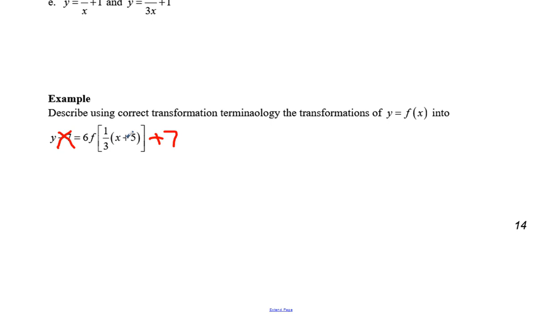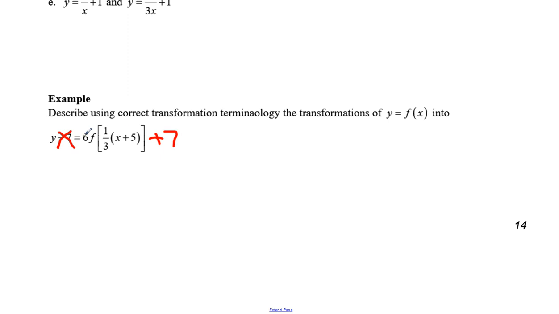I got a horizontal shift, a horizontal translation, a horizontal movement. Any of those are acceptable. 5 units to the left. +5, left. This +7, I got a vertical shift, vertical translation, vertical movement. 7 units up. I'll say this again. The -7 had to get moved over to the right-hand side.